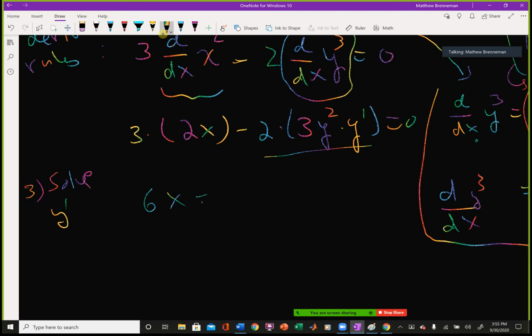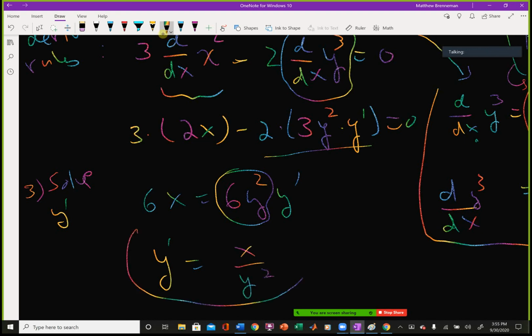So 6x is equal to 6y squared y prime. And then just go ahead and divide by everything that's multiplying y prime. And be done. And that, ladies and gents, is our answer. Okay?